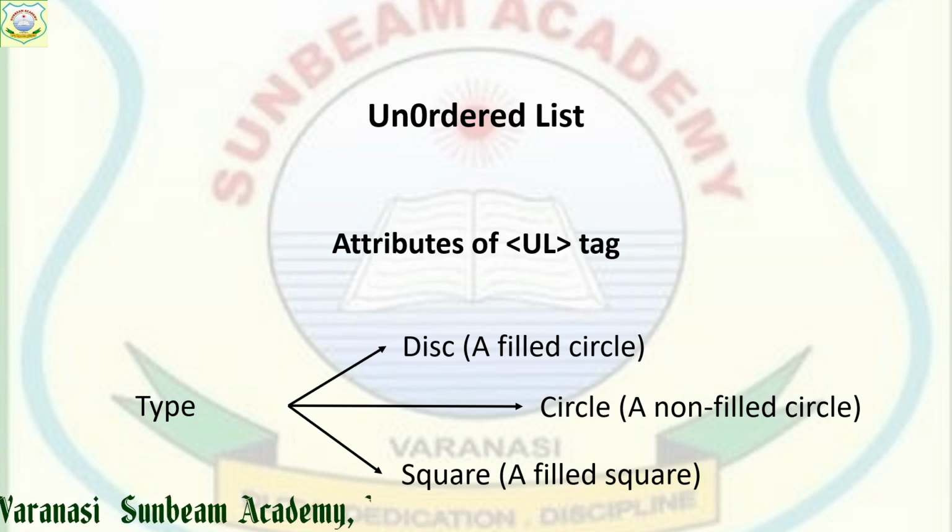Only the outer boundary is there. This is your circle type. Next is your square. It is in the form of square and it will be a filled one. Means no boundary, the complete area will be filled one. Right? This is unordered list type.